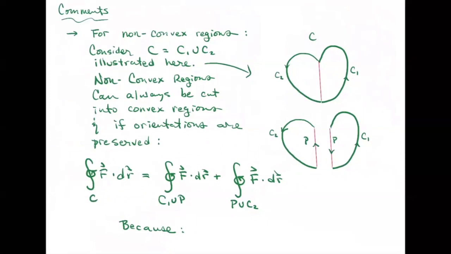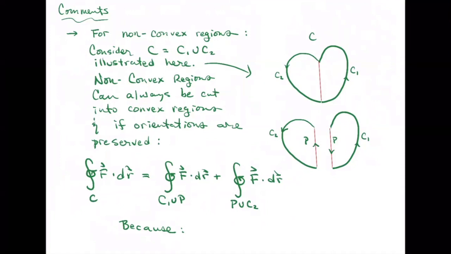I mean, the sum of the two integrals has a much longer curve, right? Because you're adding P into all of this twice.